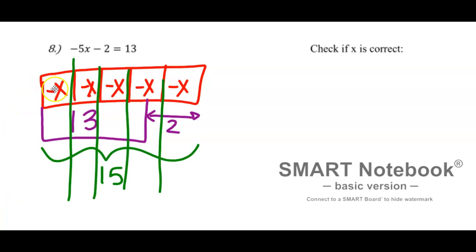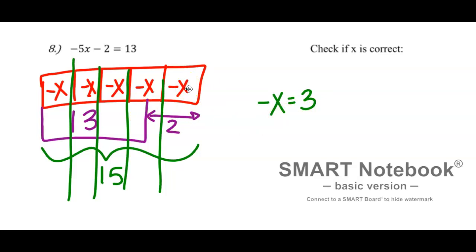And then if you break these negative x's up into equal spaces, there's 5 of those, 15 broken up into 5 equal spaces. Each of these would be equal to 3, because 15 divided by 5 would give me 3.